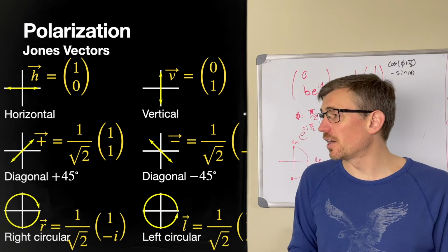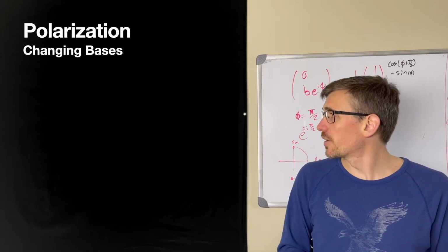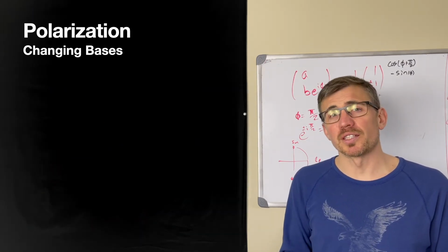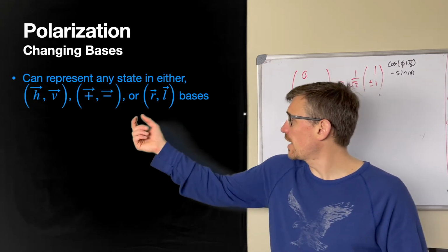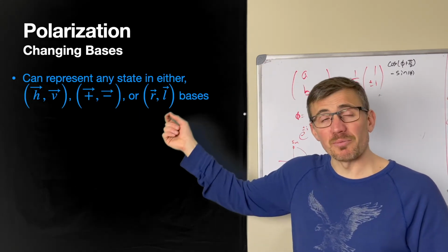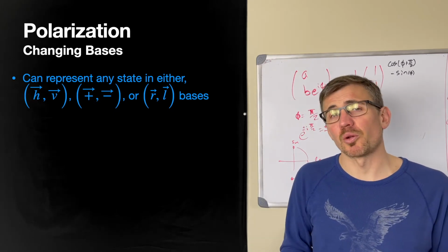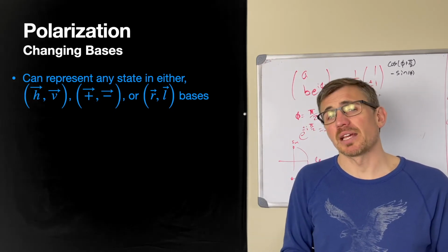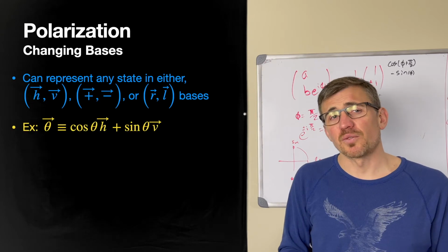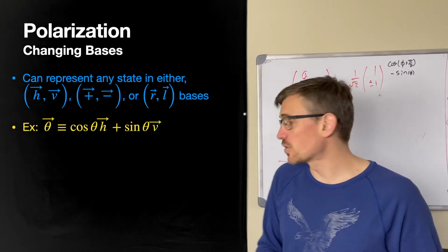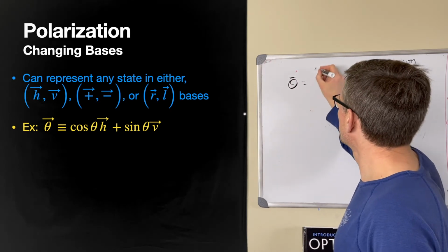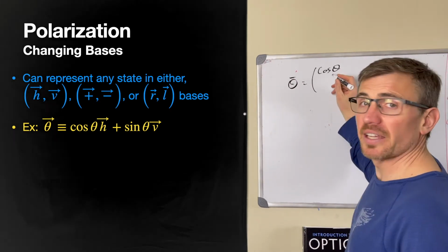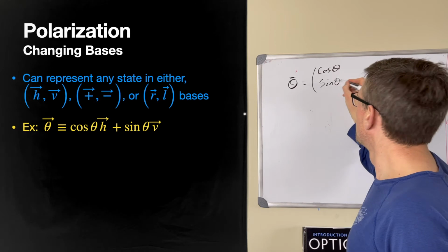form an orthonormal basis. Okay, so just to briefly go over this point, we can choose either H and V, plus 45 and minus 45, or right and left circular polarized light as our basis to represent anything else. So for example, let's look at a state that's rotated at an angle theta. We'll call that state theta, which is nothing but (cos theta, sine theta).